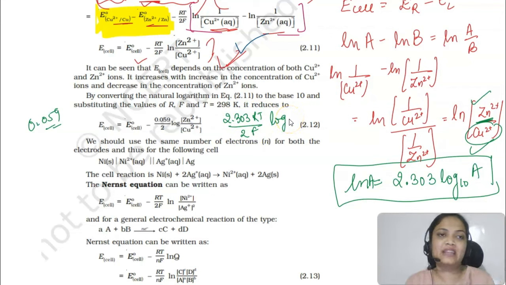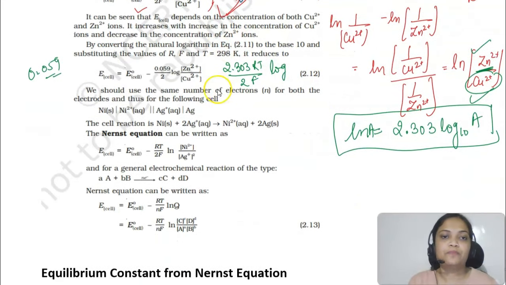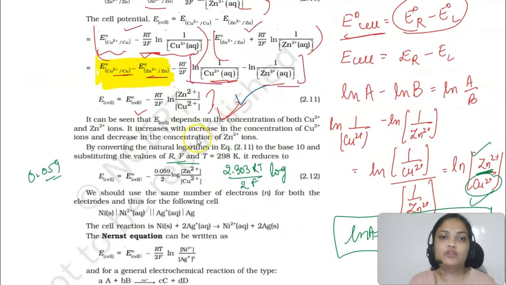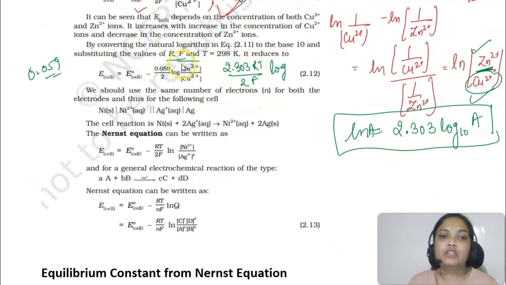Okay, ln is natural log, log is log to the base 10. And these are the values that we have put. R and F values I have just told you, T is 298. So when you put these values, the result will be 0.059 upon 2. We have not put the value of N. Okay, because we need a general equation, and N will be different. So that's why I have taken N as it is.